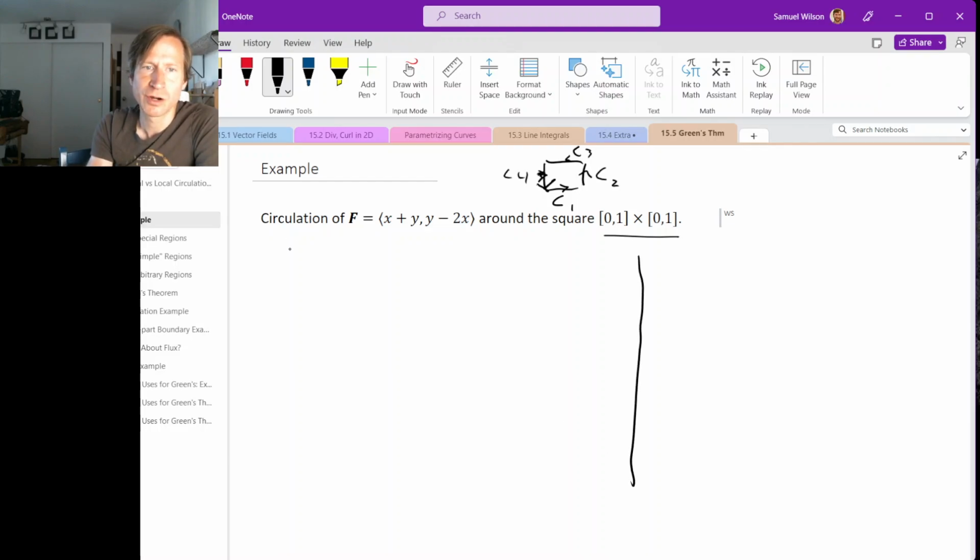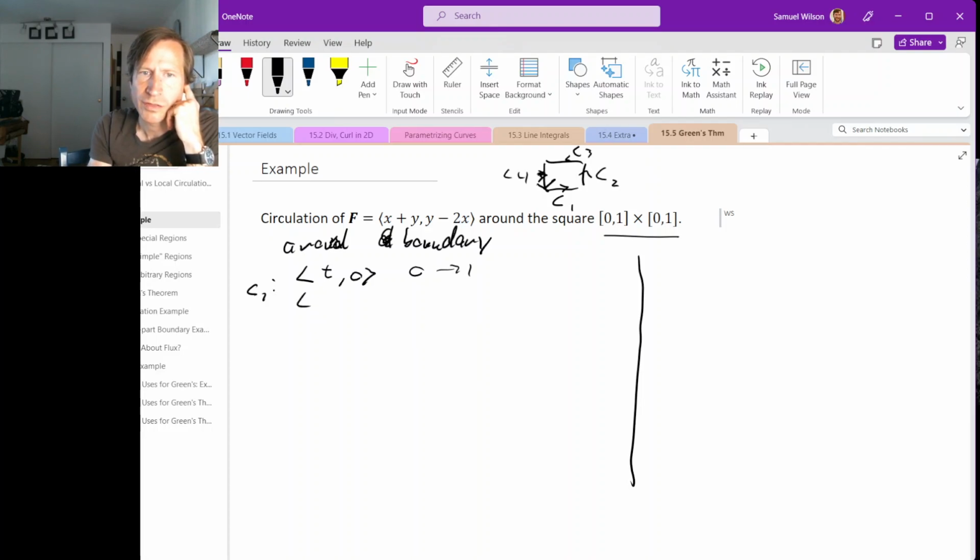So here we're going to go around the boundary. For C1, our parametrization is just going to be t comma 0, where t goes from 0 to 1.